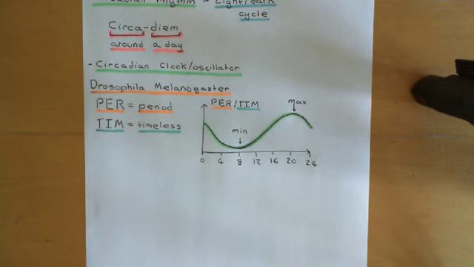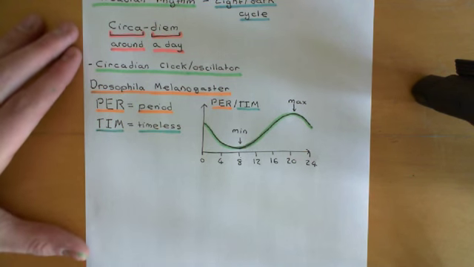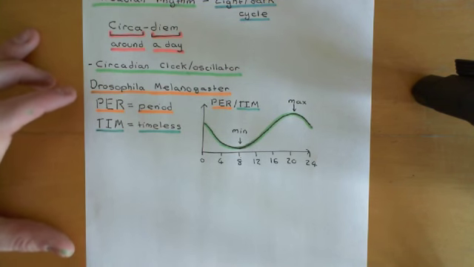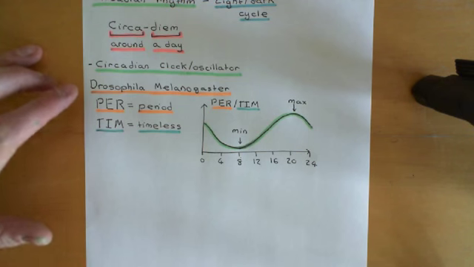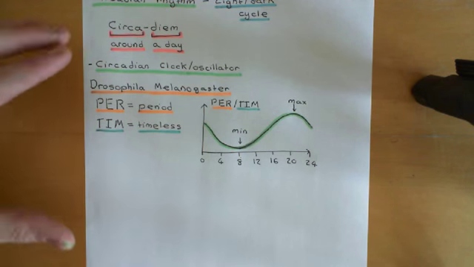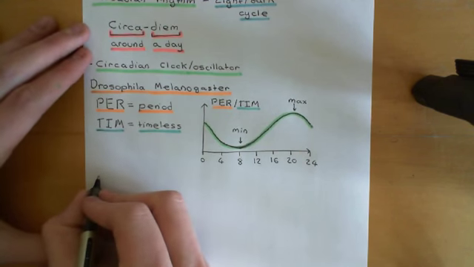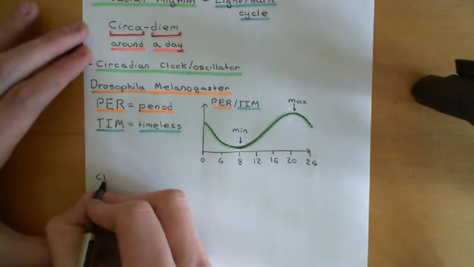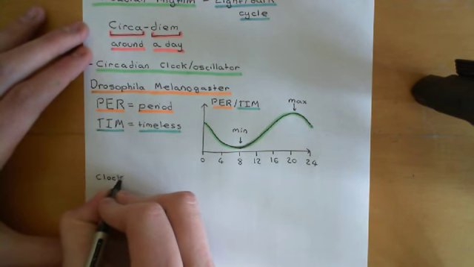In order to understand why period and timeless levels oscillate like this on a 24-hour basis, we need to discuss two more proteins, two more stars, and these are also extremely important components of the Drosophila melanogaster circadian clock system. Period and timeless are one half of it, these next two are the other half of it. The next two are two transcription factors.